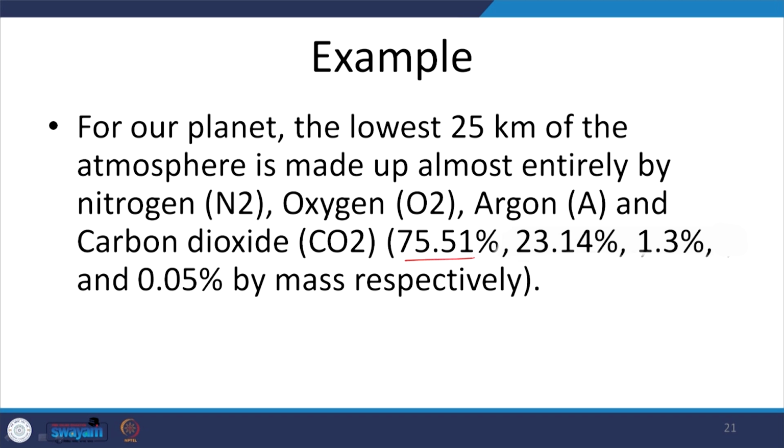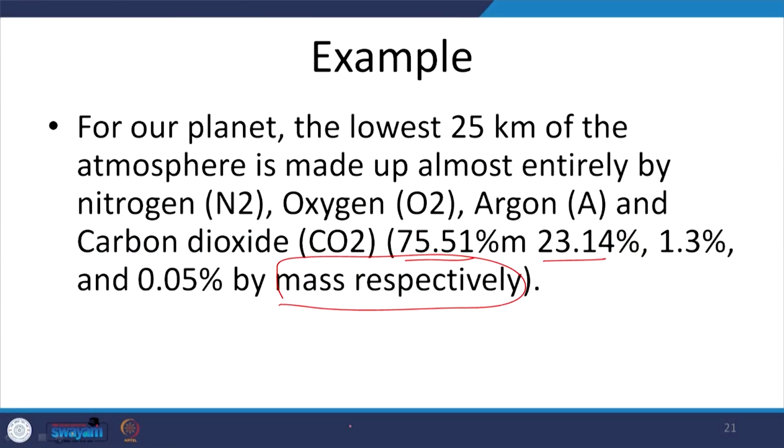Their percentages of occurrence are 75.51, 23.14, argon 1.3, and carbon dioxide 0.05, by mass, not by volume, not by number, by mass. So, of the entire mass of the atmosphere, 75.5% is nitrogen, 23.14% is oxygen, 1.3% is argon and 0.05% is CO2.